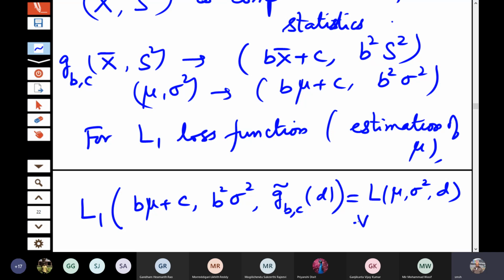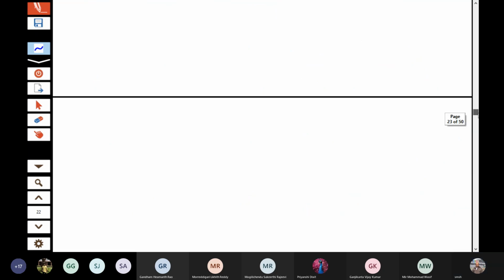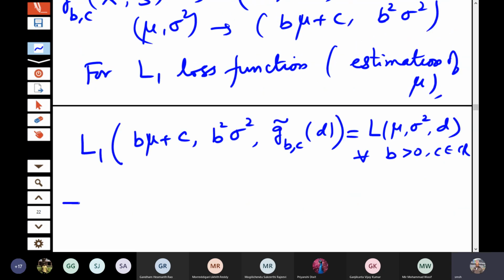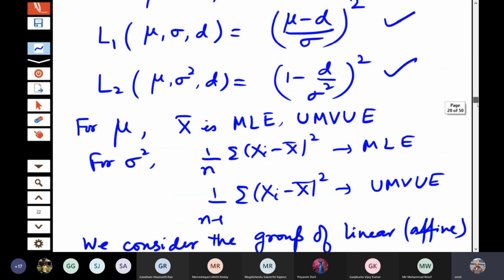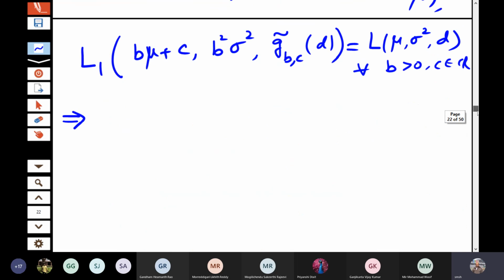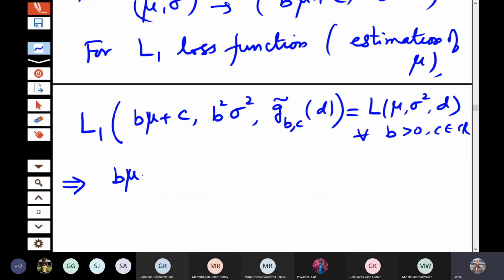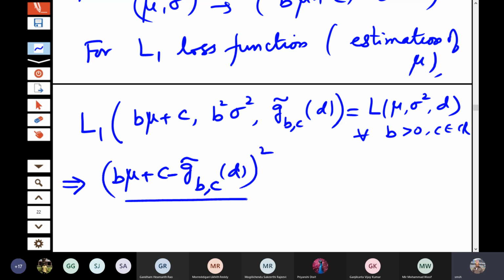And of course, we have to again and again write the same thing for all b greater than 0, c belonging to R, and all those things. So what does this give us? The L1 function is (mu minus d) by sigma square. So this gives you (b mu plus c minus g tilde (b, c) d) square by b square sigma square.